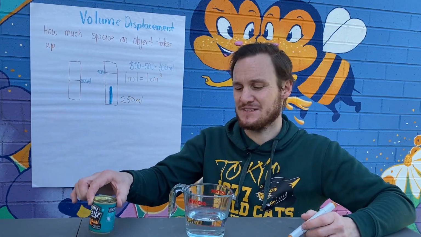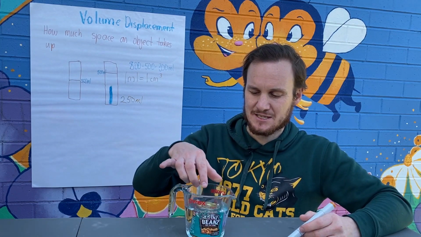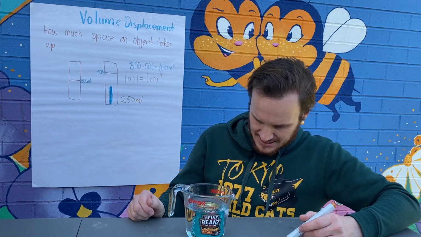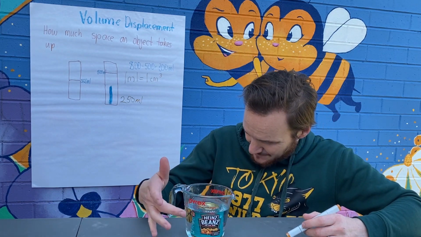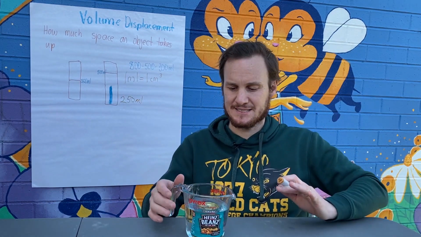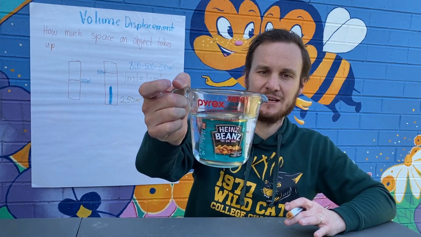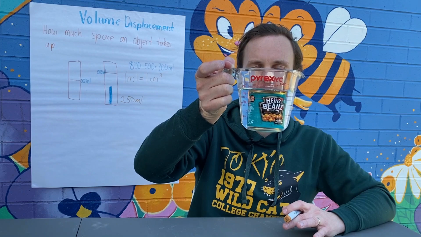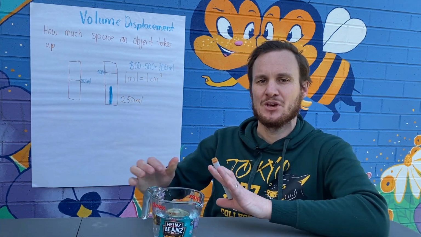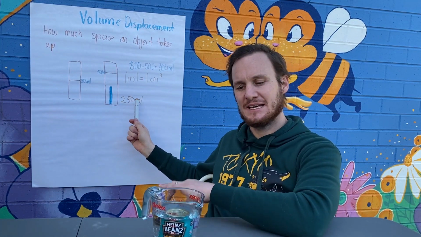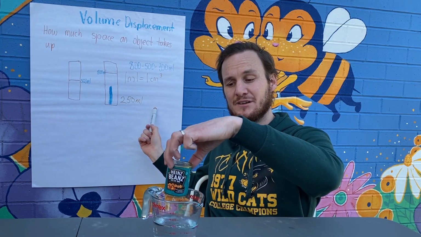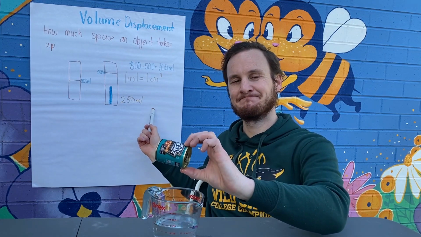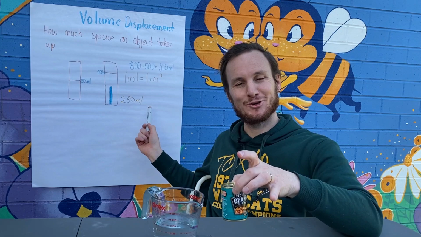So this started at 250. I put in this, and I can see here that it has gone up to 400 milliliters. I'm not lying. It probably is going to blur me out. I'm sorry about that. 400 milliliters. So if it started at 250 and now it's at 400, I can spill water all over the table.